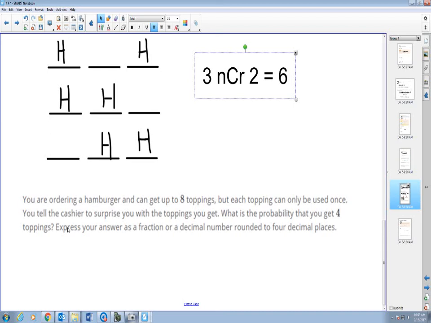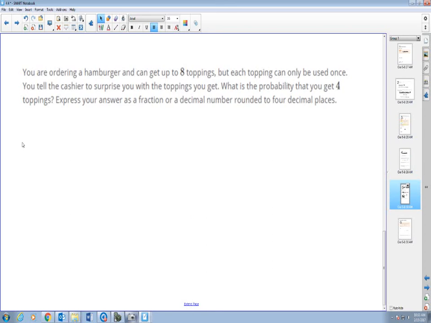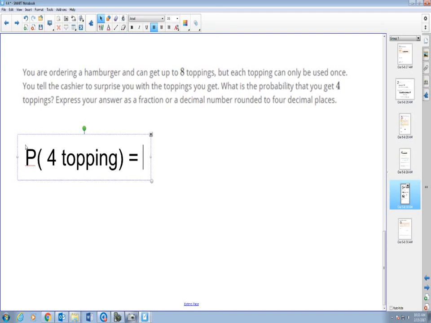So what's the probability that you will get 4 toppings? This is a probability problem. What's the probability of getting 4 toppings? Alright, let's think about this for a minute. I can have up to 8 toppings, so can I have 0 toppings?